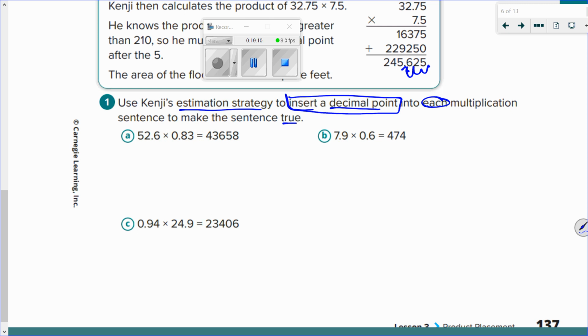Go. So Kenji's strategy was actually really simple. He just said, okay, that's about 53. 53 times 1. That's going to give me 53. So how many decimal places should I have? How many numbers? Actually, it's easier to say how many whole numbers should I have? 2.